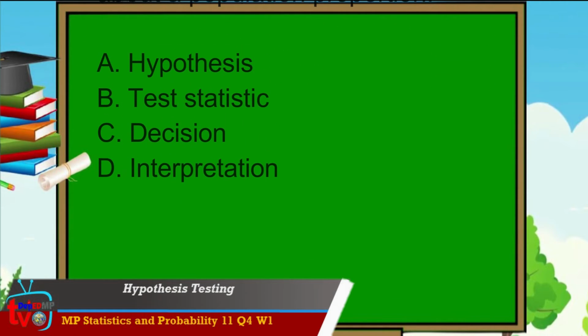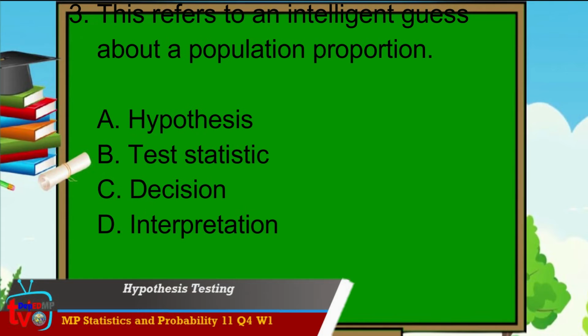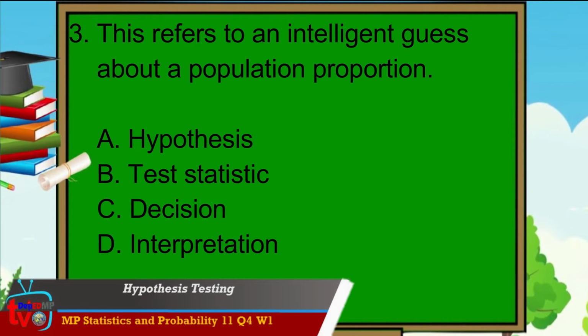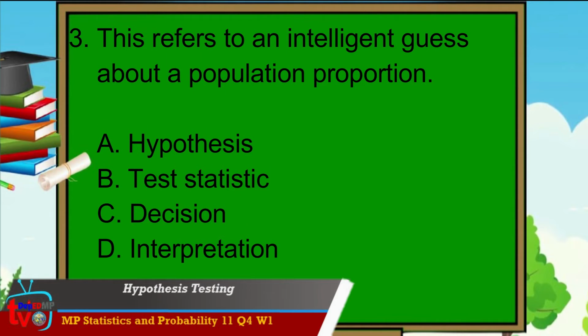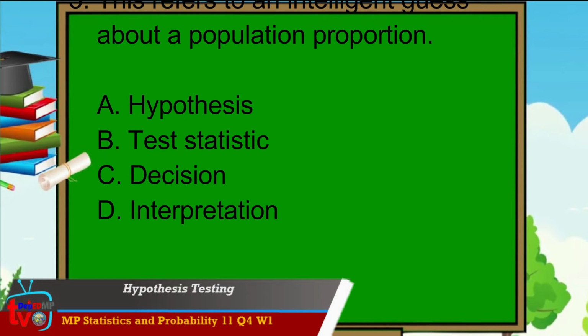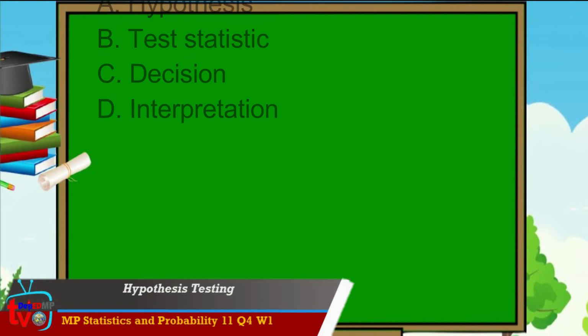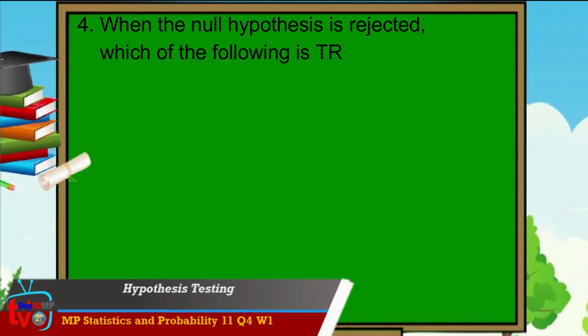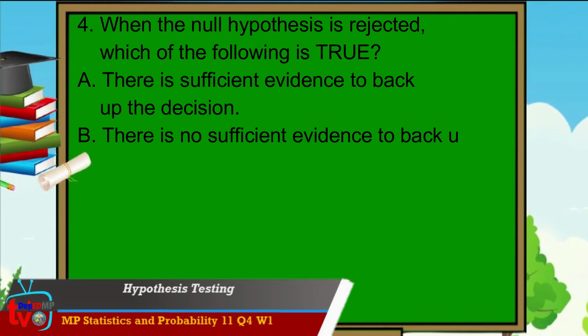Number 3. This refers to an intelligent guess about a population proportion. Letter A, hypothesis. Letter B, test statistic. Letter C, decision. Letter D, interpretation. Number 4.